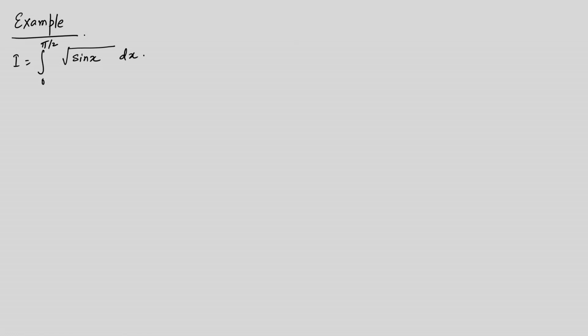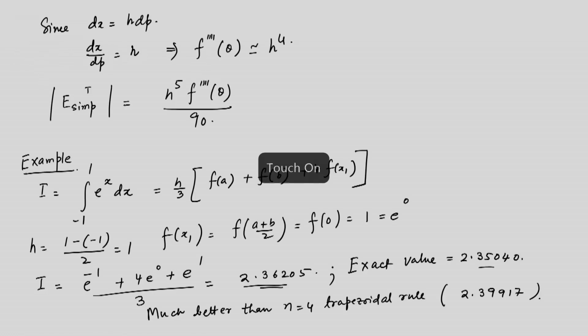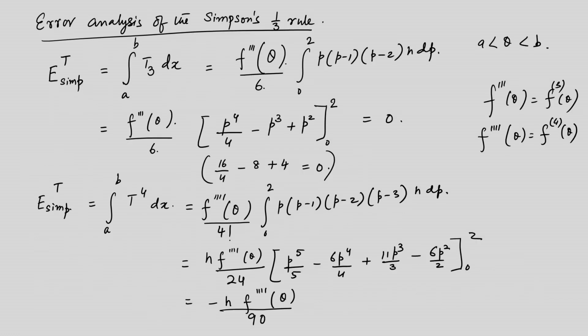So then this is equal to pi over 12, because it is 0 to pi by 2. So pi by 2 minus 0 divided by 2 is h, and then it is h by 3, just reminding you of the formula that we have used.